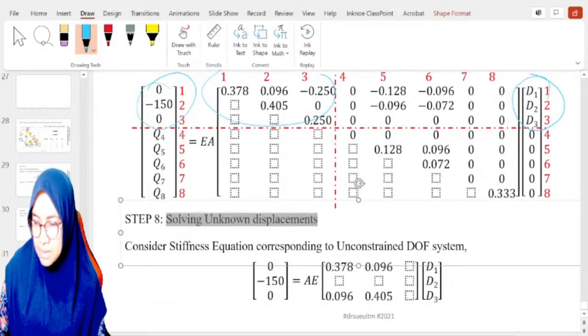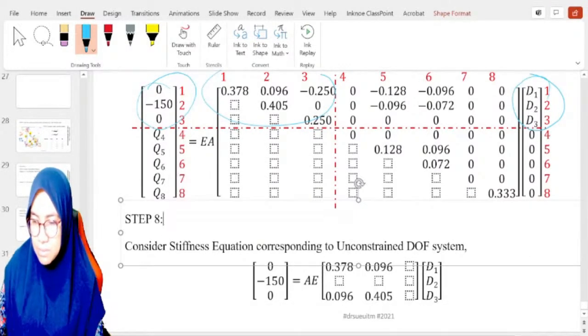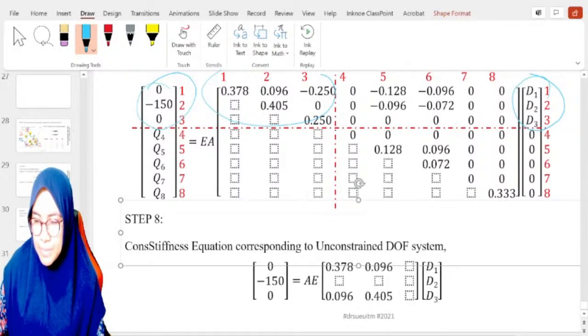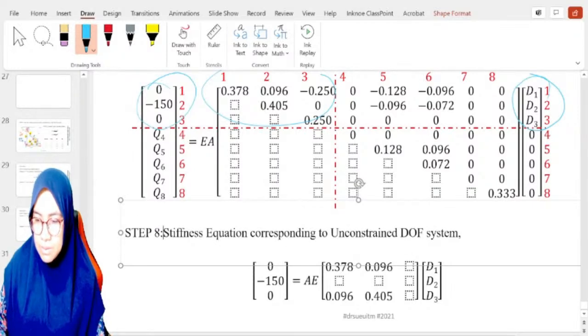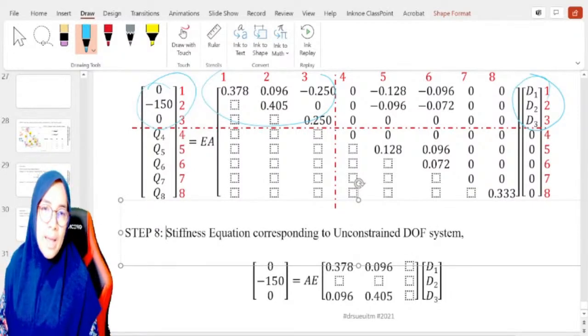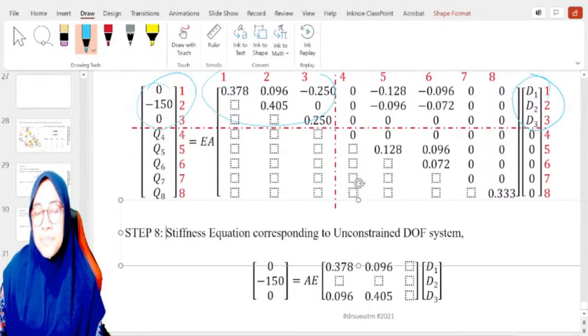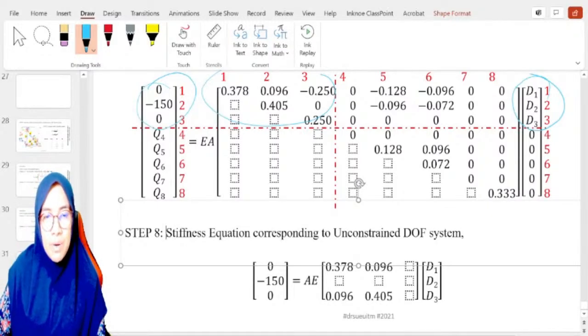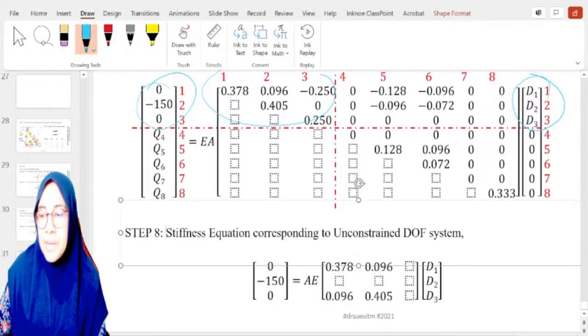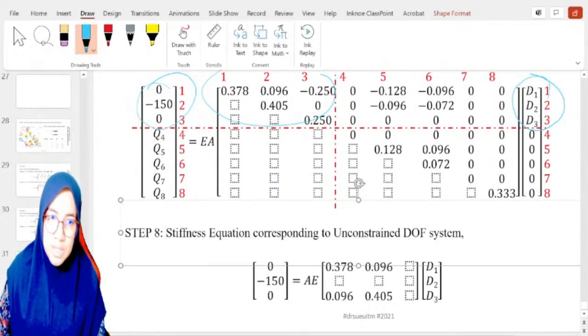Here is the stiffness equation corresponding to the unconstrained degree of freedom, unless we have support settlement. Because whenever we have support settlement, we have to consider the settlement position as well.